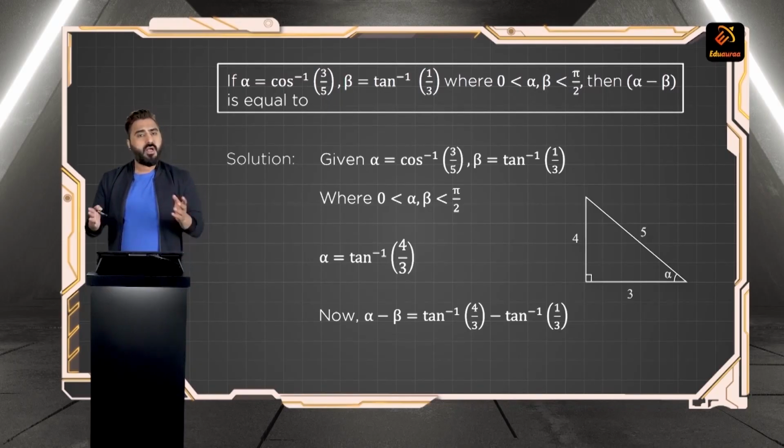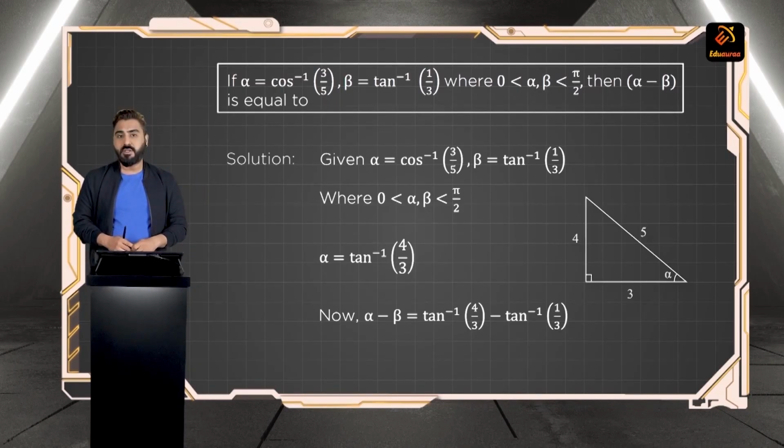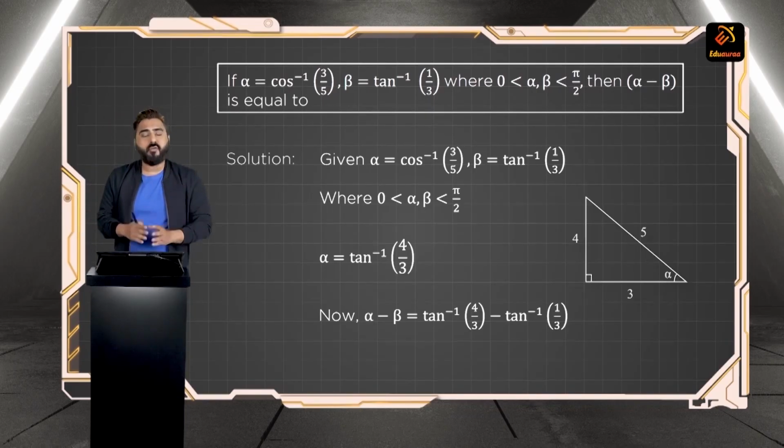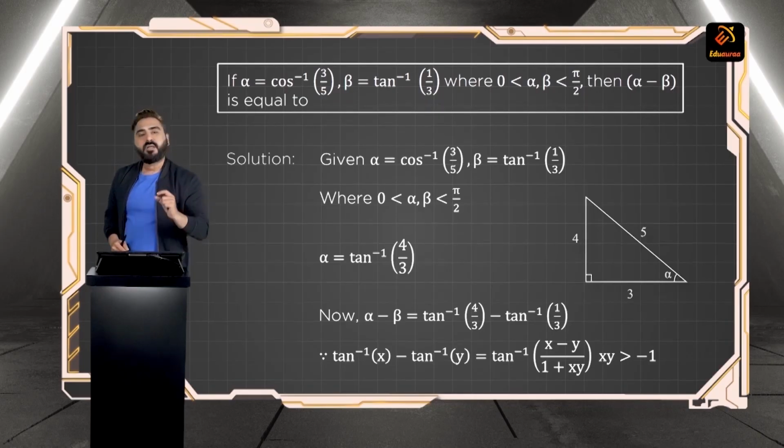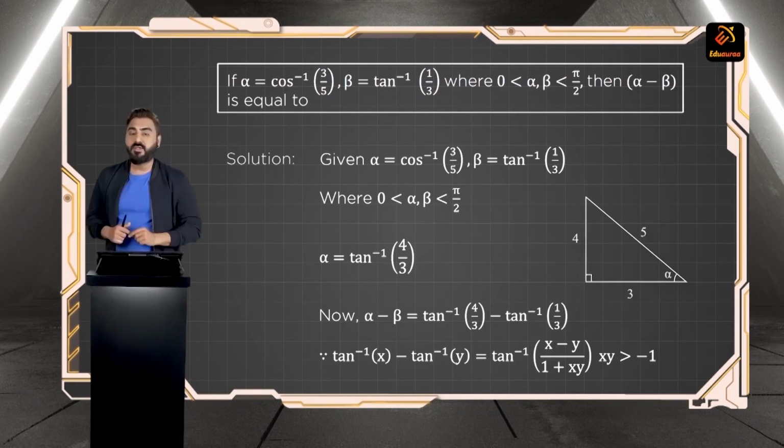So students, how are we going to solve this? If you see properly, it is in the form of tan inverse x minus tan inverse y, and the formula of tan inverse x minus tan inverse y is nothing but tan inverse (x - y) whole upon (1 + xy), where the multiplication xy is greater than -1.